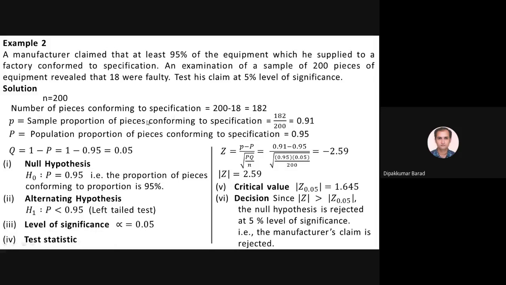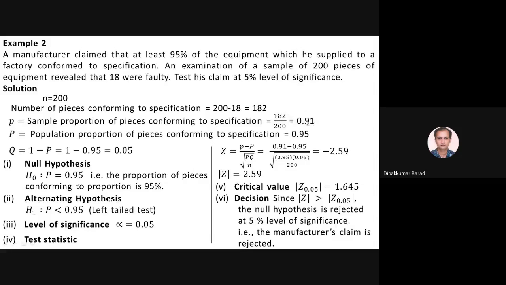Out of 200, 18 are faulty, which means 182 products conform to the specification, those are good products as per the manufacturer's claim. So 182 out of 200 conform to the specification, and this 182 by 200 gives us the sample proportion.